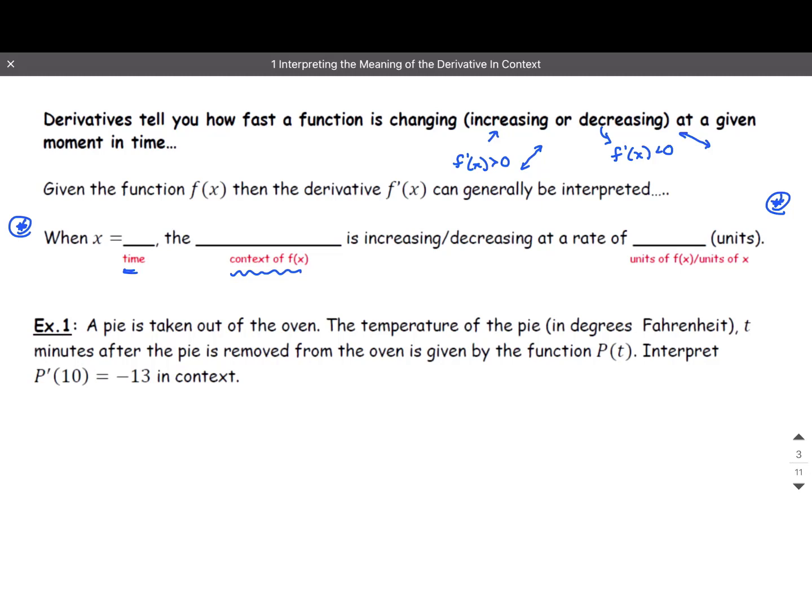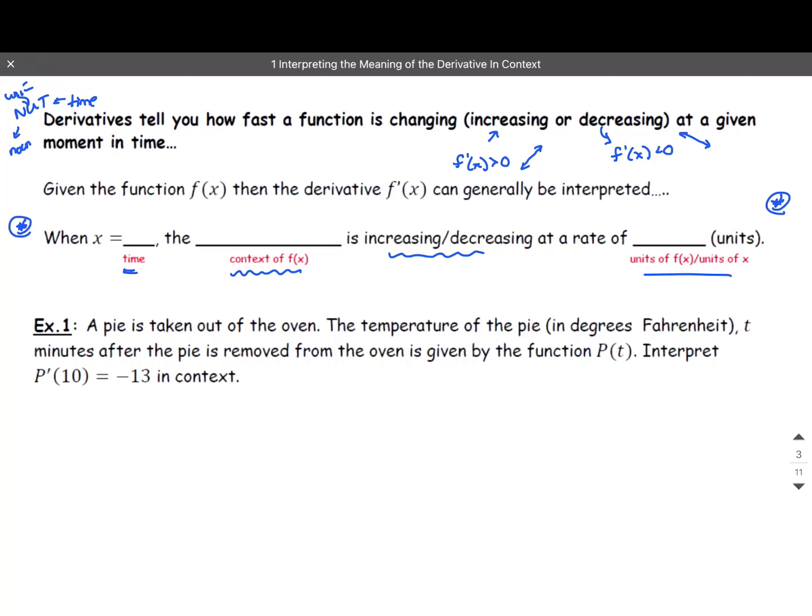The number of people leaving the park, the number of people entering the park, the number of bananas on the table, the number of coffee beans in the jar, whatever it is. Determine whether it's increasing or decreasing, and at a rate of, make sure the units are there. Remember, you've heard me before say use nut, the noun, the unit, and the time. All of that has to be there.